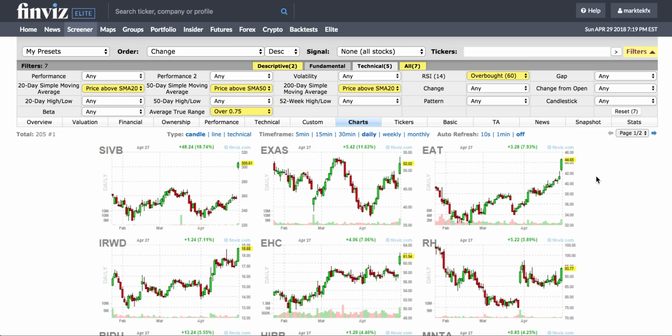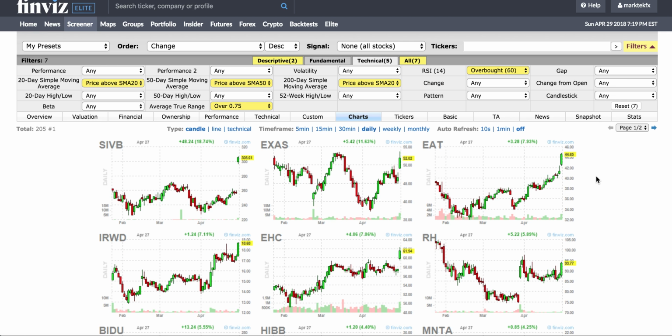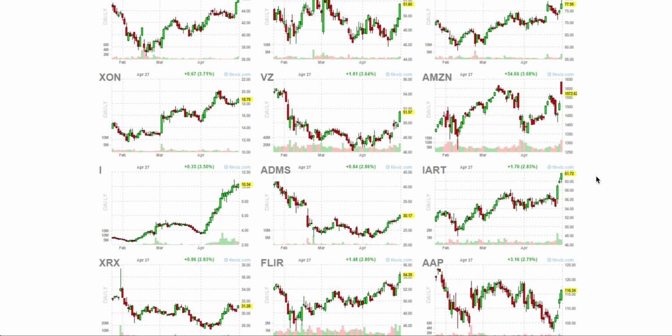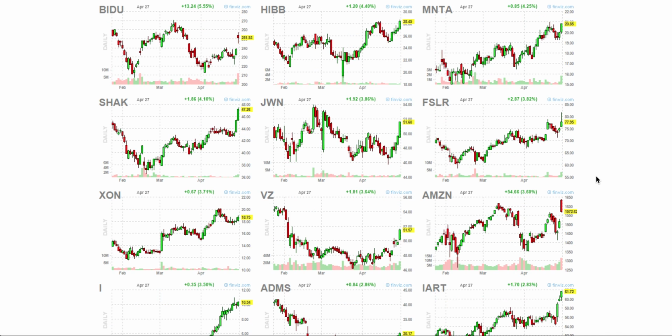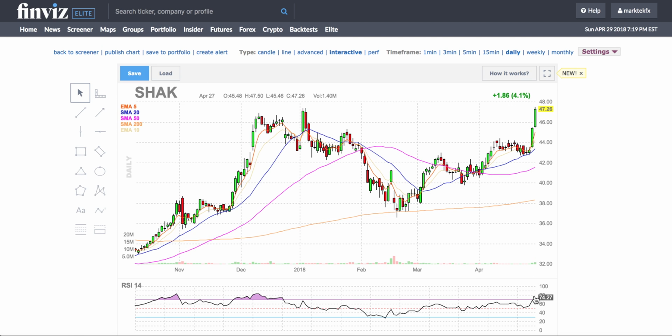So let's say we did this same scan on Thursday, right? If we did the same scan on Thursday, we would have been able to find stocks like, let's take a look, something like SHAK, Shake Shack, right? Let's do it interactively.